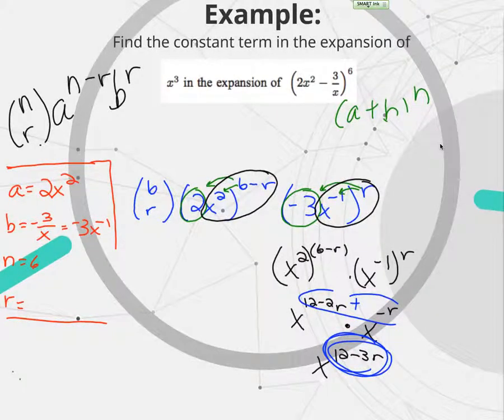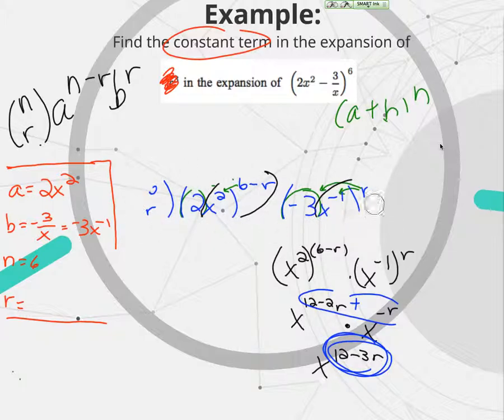So in this case, the difference is we have to find the constant term. So not the x to the third. We're looking for the constant term. So we do all the same things. Would it help if I rewrote that and started over? I'm going to do that really quickly.